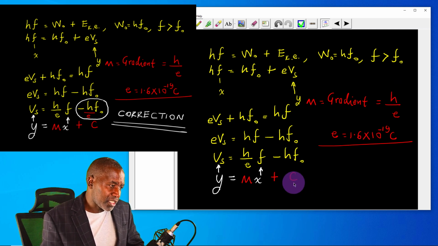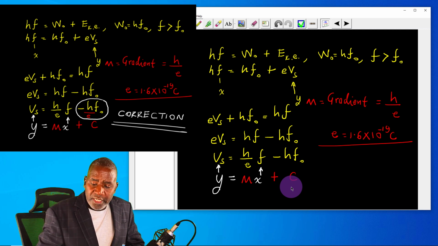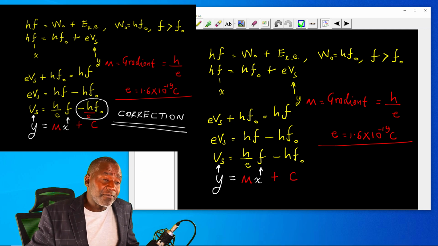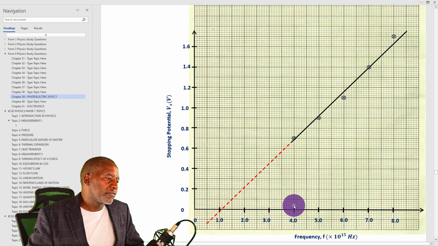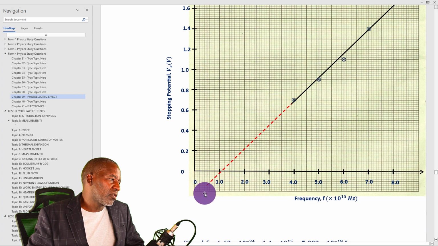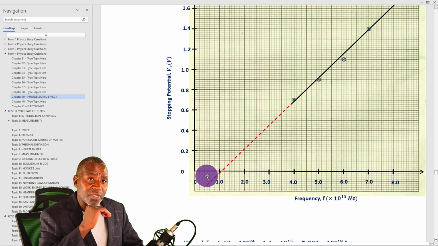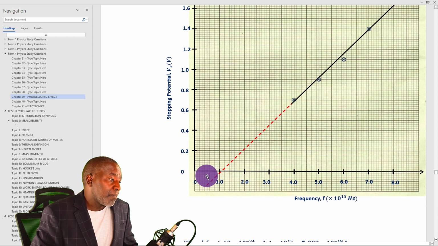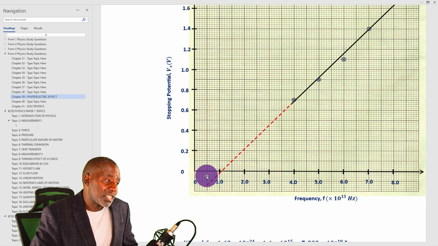Now this constant here, we find that from my graph you cannot determine it directly. From this graph, let's see whether you can determine it. You can see that there is no normal scale on this other side, but if we could determine that and plot it like that until we get this particular point by moving the x-axis upwards, we can read it. But as it is, we cannot determine the y-intercept.